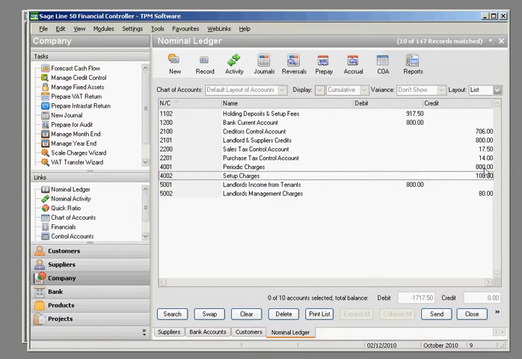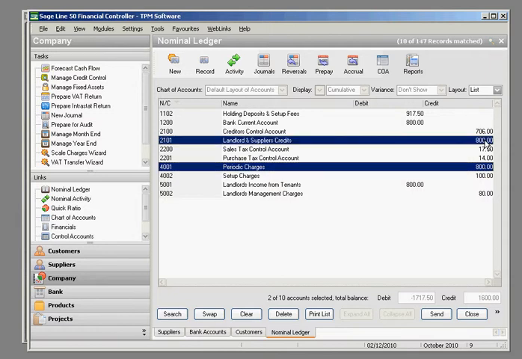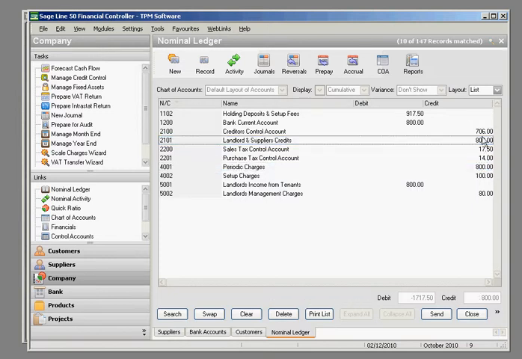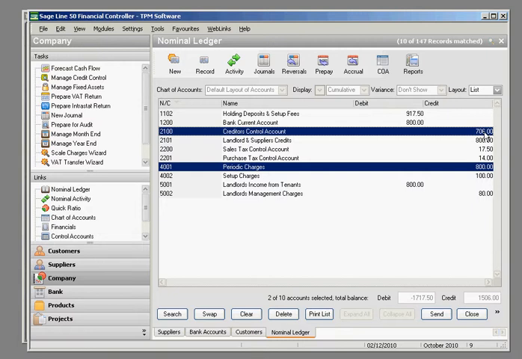Now the reason it goes into our sales ledger as an agency is because it's offset by the 2101 account, which offsets the periodic charge. So really the only amount of money we are making is the £94, which will be the difference between the £800 and the 706.